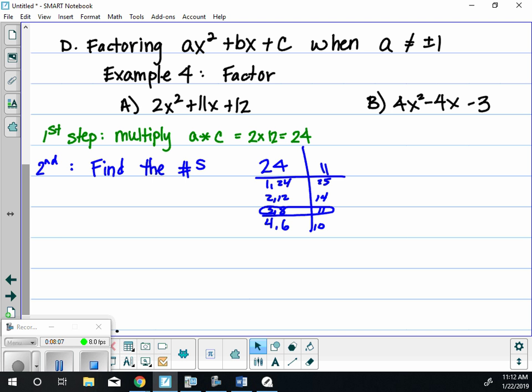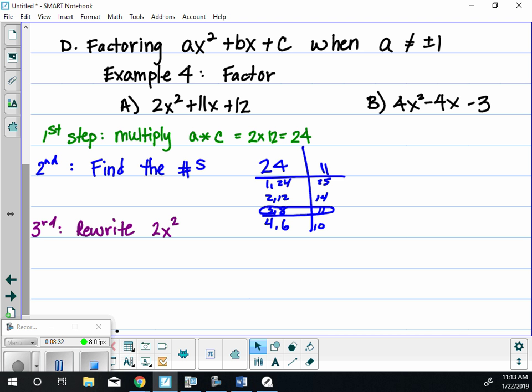Now, instead of using parentheses right now, what we're going to do is rewrite our original equation, or our original expression. So I'm going to rewrite it as 2x squared.